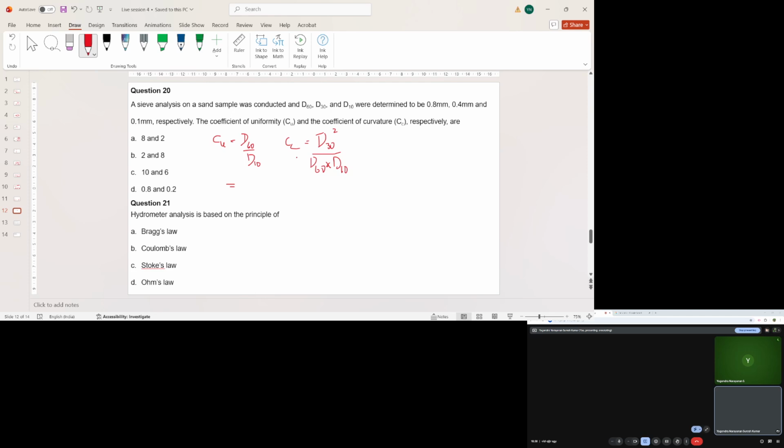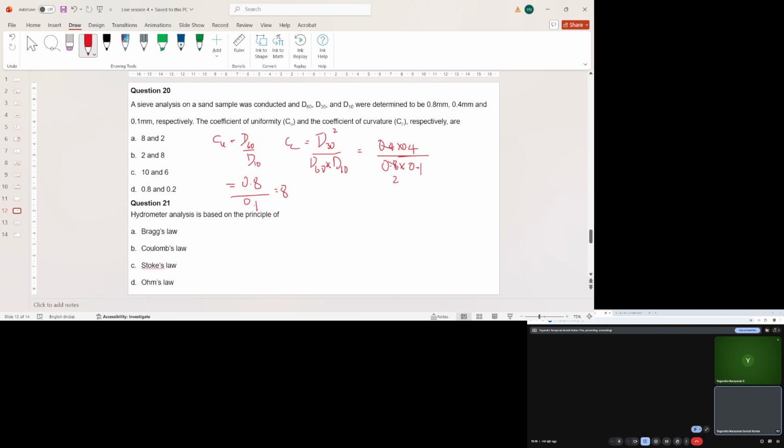So d60 we have is 0.8 and d10 is 0.1, so it's going to be 8. d30 we have is 0.4 into 0.4, and the denominator d60 is going to be 0.8 into 0.1.